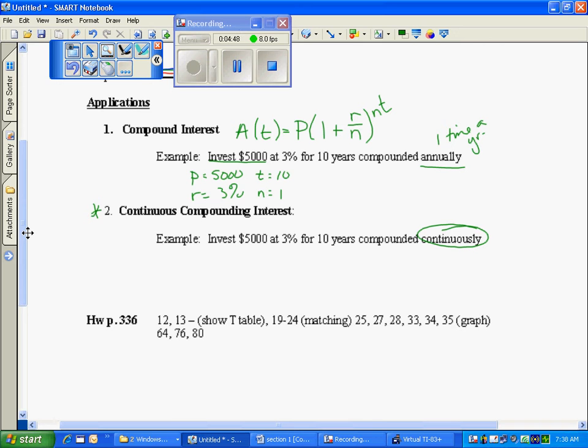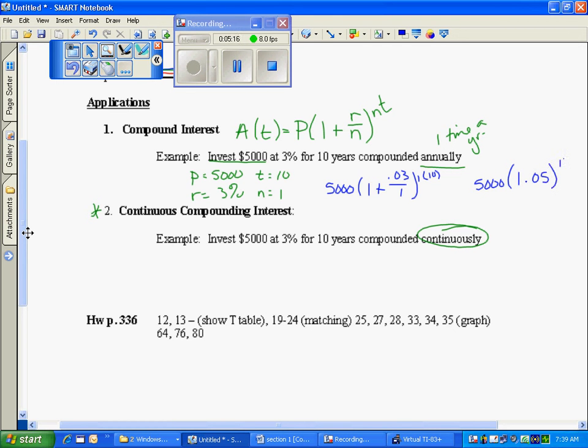So when I put in my formula here, I get 5,000, keeping my 5,000, 1 plus my rate over 1. So I just split that rate up into how many times I compound it per year, and 1 times 10 years. So on my calculator, you need to make sure that you understand that this needs to be in parentheses and any fraction needs to be in parentheses.